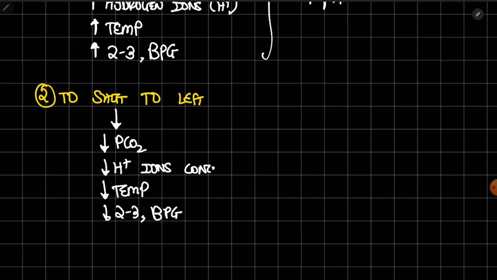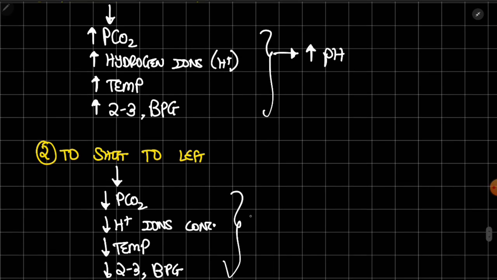So these conditions will cause the curve to shift to left, and basically a decrease in pH is observed.